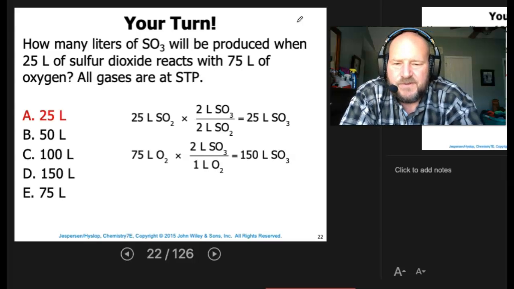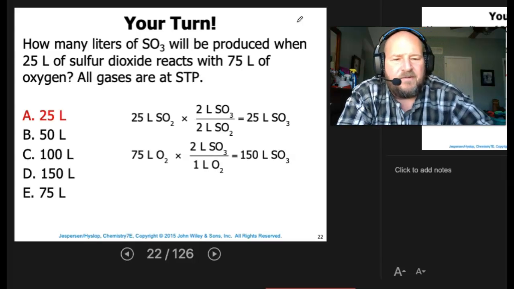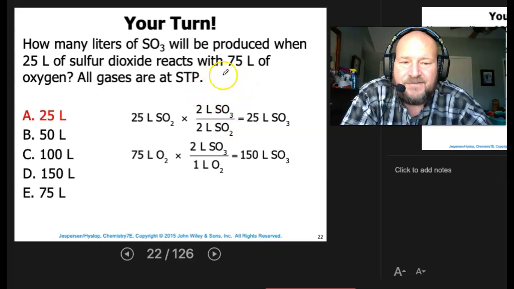75 liters of O2 times 2 liters of SO3. Remember, this is based on the chemical reaction, so hopefully you wrote that out. They did not do that for us. So here what they did was they took SO2 plus O2 produced SO3.